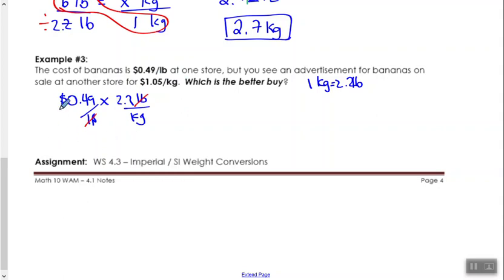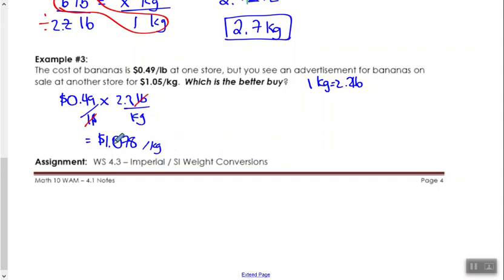So I do 0.49 times 2.2, and I get 1.078 per kilogram.